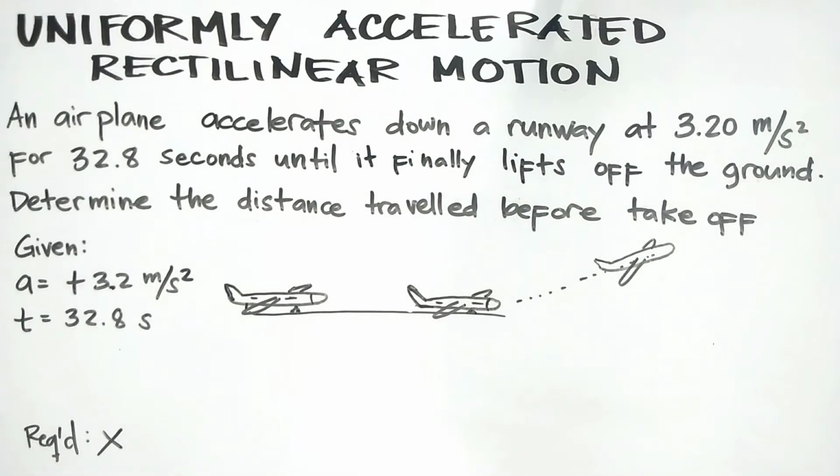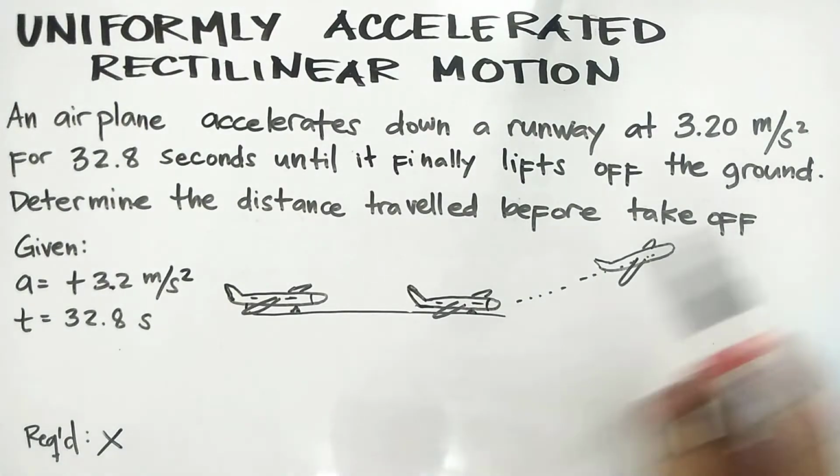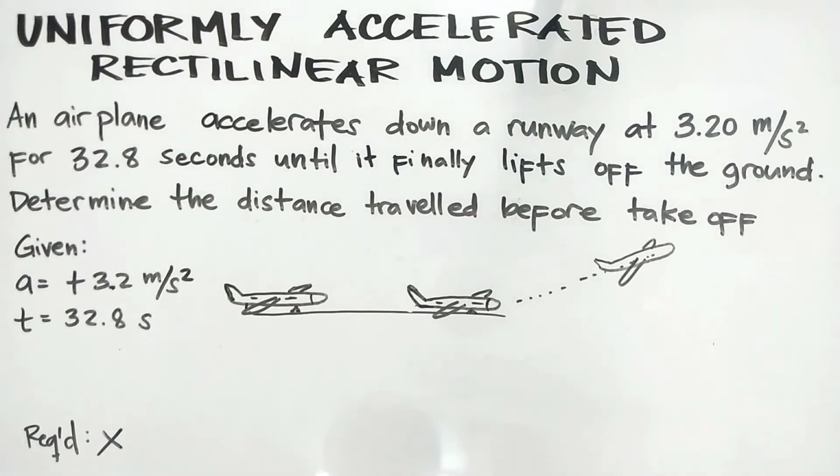I have written down the given values. You have an acceleration of 3.2 meters per second squared. That's why it's positive. That is acceleration. The time interval before its takeoff from its starting position is 32.8 seconds. We are looking for the distance that it has traveled before it finally takes off from the ground.